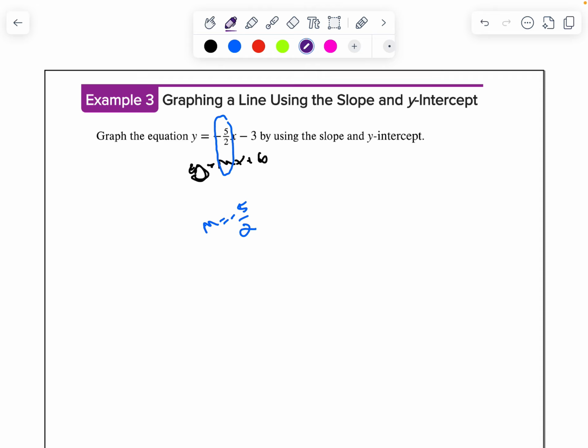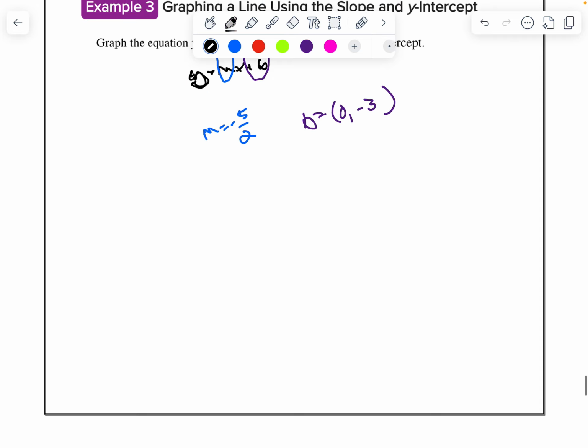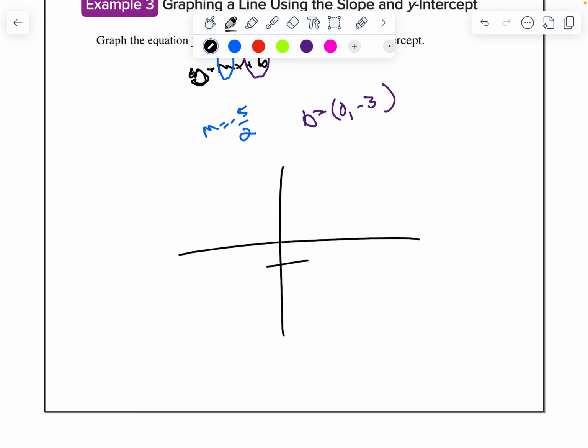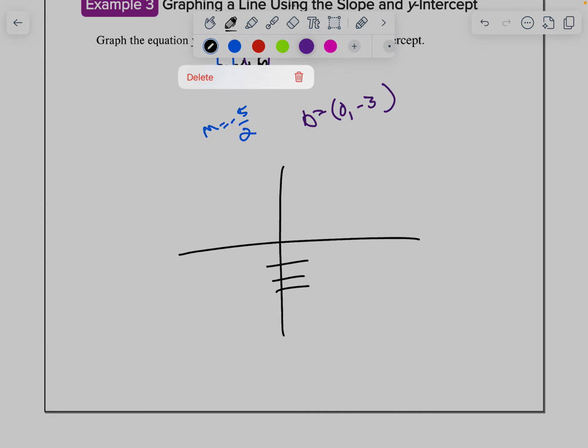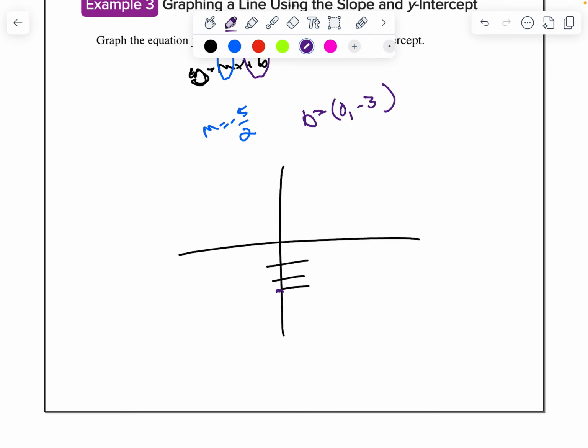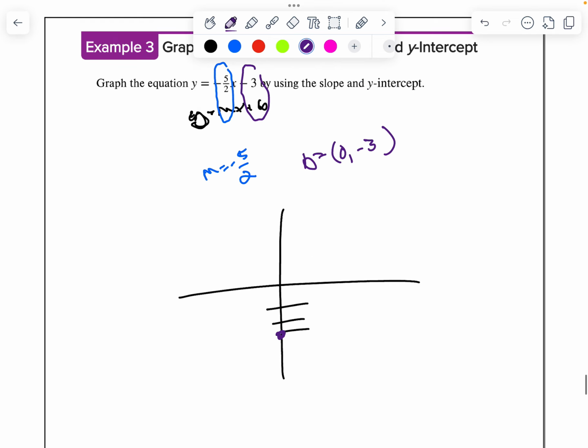The y-intercept is negative 3. So the y-intercept is the point 0, negative 3. And if I want to use that information to graph this line, I'm going to start with the y-intercept always. I'm going to start with that point 0, negative 3. And then I'm going to use my slope to get to the next point.